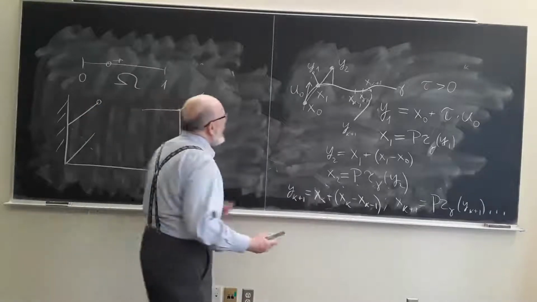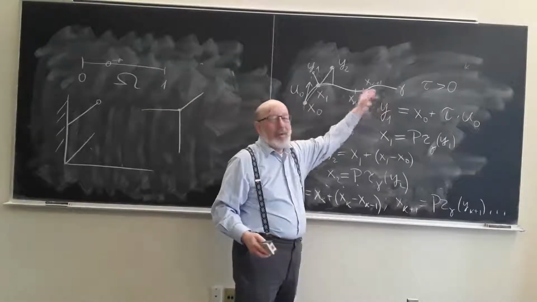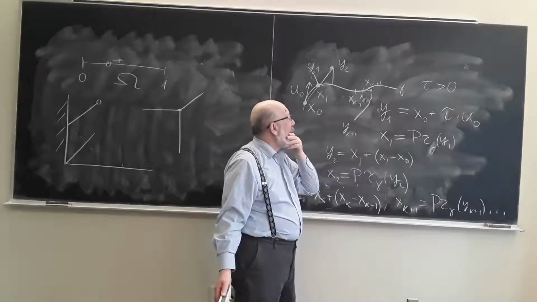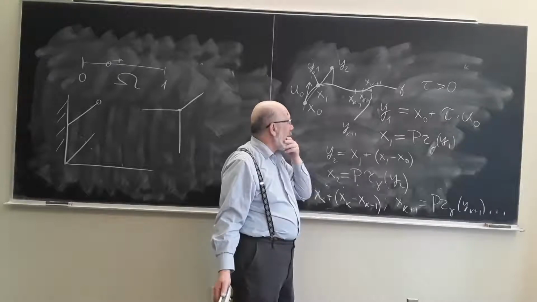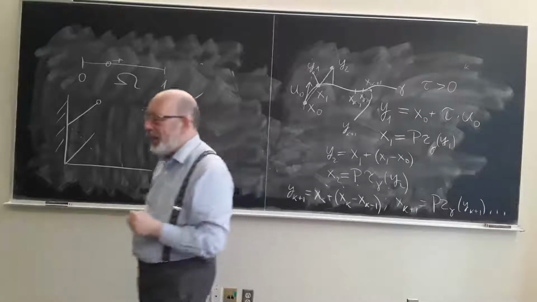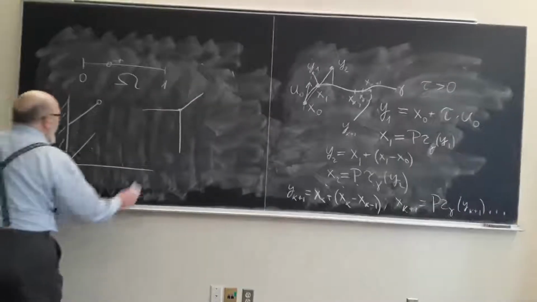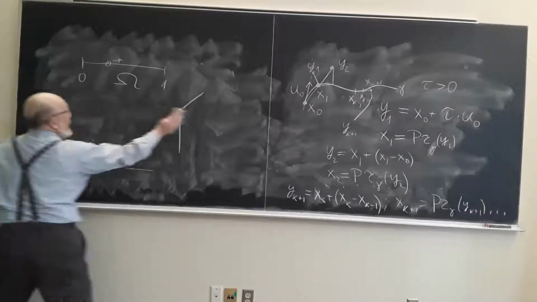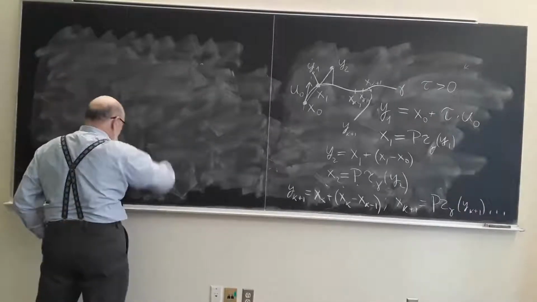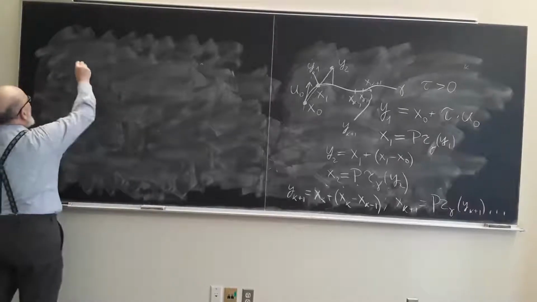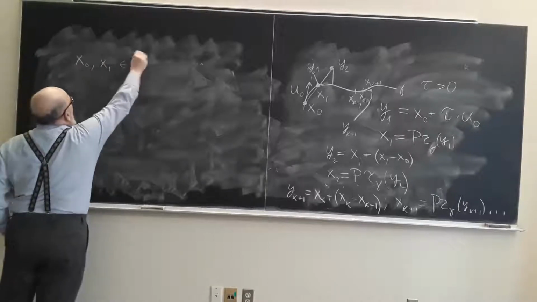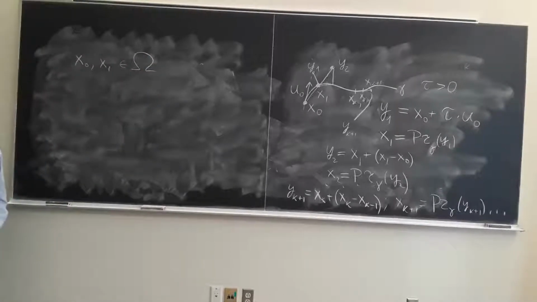Okay, but let us look at this process. This process appears to give us some hope. So again, we start from 2 points, x0, x1 in omega, 2 initial points.